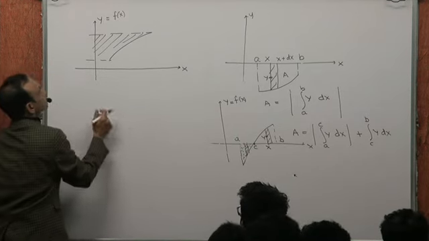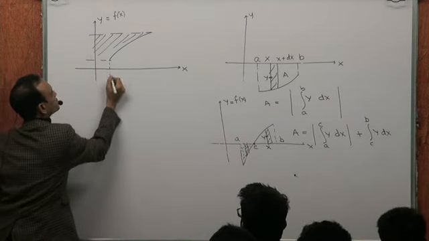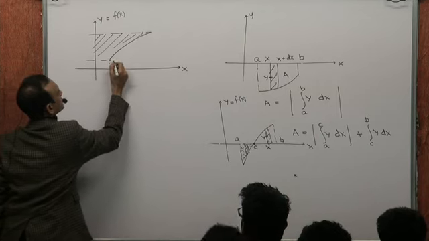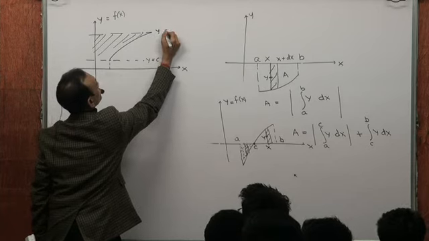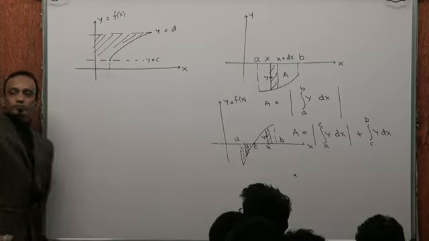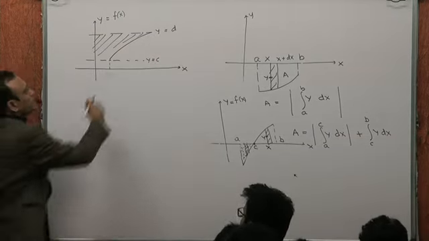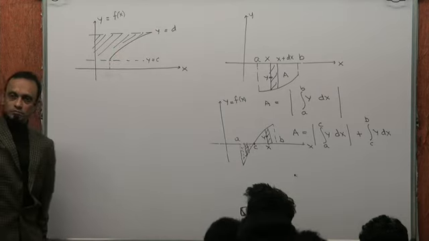Say this is y equal to c and this is y equal to d. I need this area, between y equal to c to y equal to d. This is the graph of a function, right?